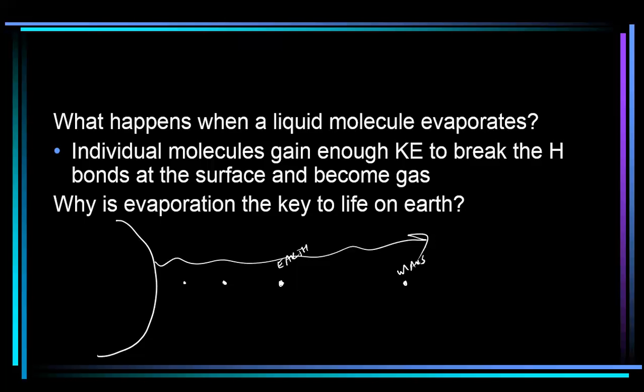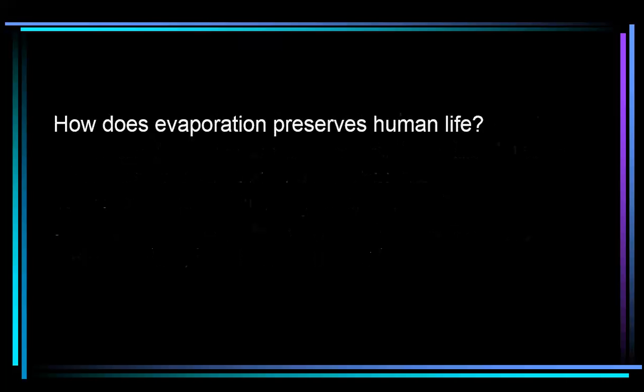That's what we call, when a Coke can has condensation, we call that sweat. It's not really sweat. Sweating is what you do when all that heat starts getting on your skin. So, how does evaporation preserve human life? It keeps it moist. So, Phoebe's getting too hot.